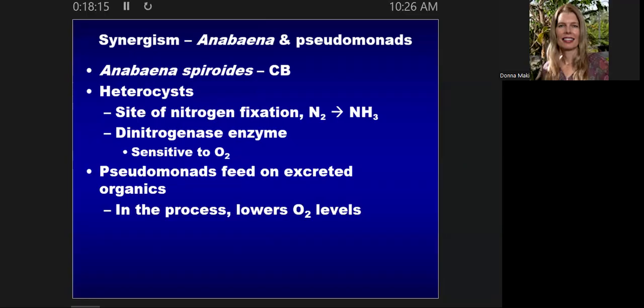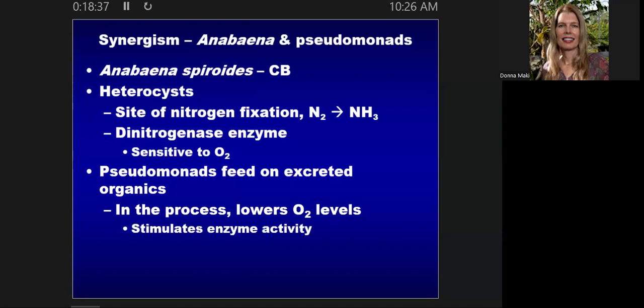With Pseudomonas, again, if they can use oxygen, they will. That's a preferred electron sink. And so the Pseudomonas will start to gather and be in the area where there's oxygen being given off by the cyanobacteria, and other nutrients that are getting sloughed off from the Anabaena.